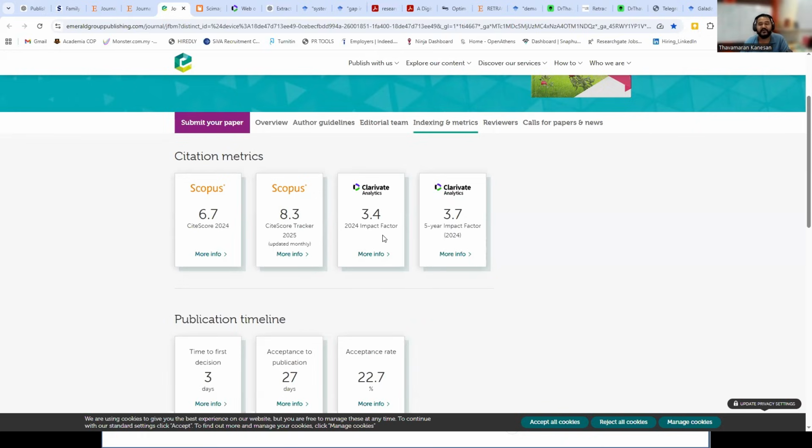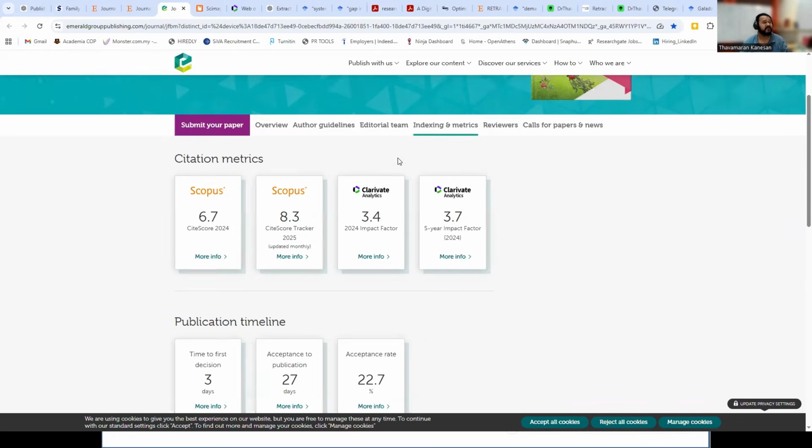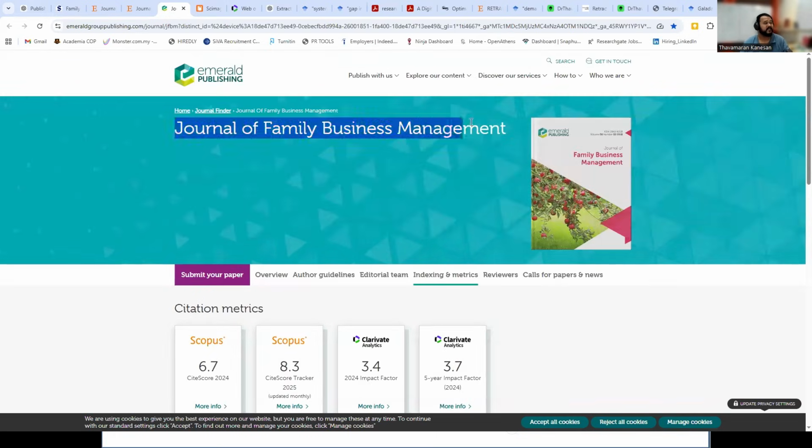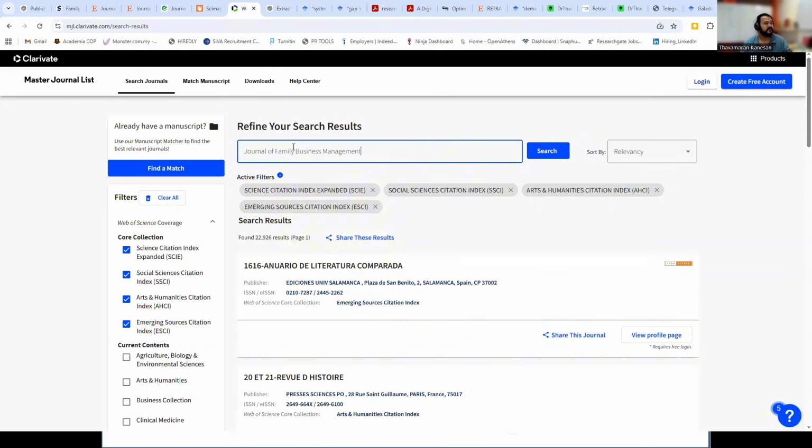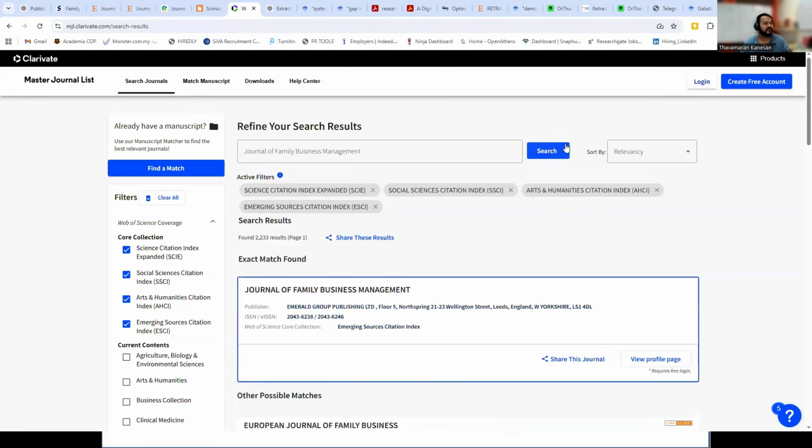Cannot also. So you need to go and find Scopus indexed only, like Cogent, like the earlier journal, or ESCI. If it's ESCI, still can consider. So for example, let's take this one, Journal of Family Business Management. Let's see if it's ESCI or not. You can type here. This is MJL Clarivate.